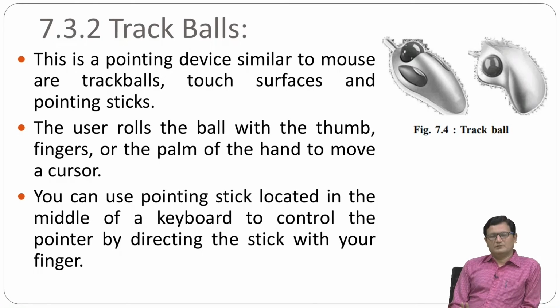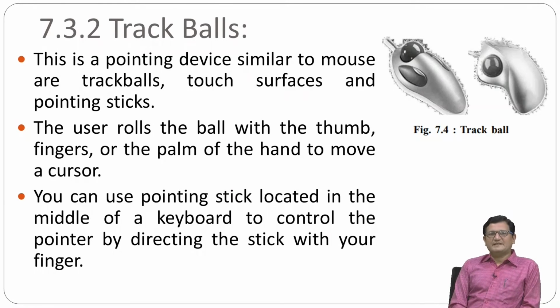Now similar to the mouse, another pointing device is called a trackball, right. Here you do not have to move your entire mouse, but you just have to move the ball which is placed on the device. Instead of moving the entire device, you just rotate the trackball, and based on how you move it, the computer system will compute the x and y coordinate, and it will move your mouse pointer.